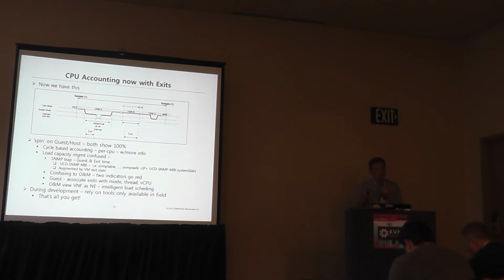Then the carrier can apply certain load shedding types of algorithms. And more importantly, as far as the SNMP MIB, most of the stuff within the infrastructure is done through SNMP traps, and those can be augmented with exit statistics as well.